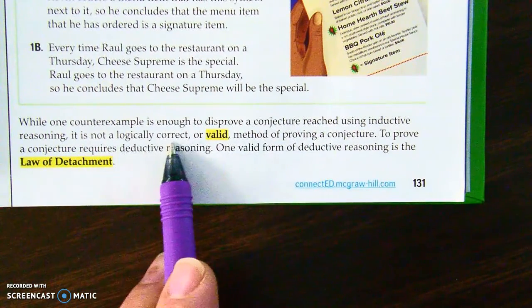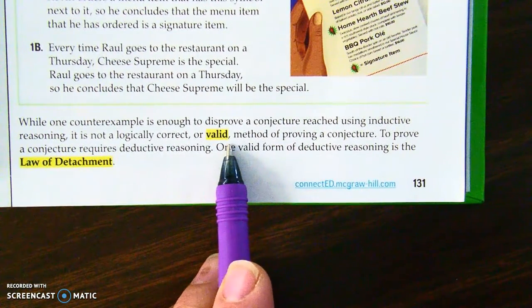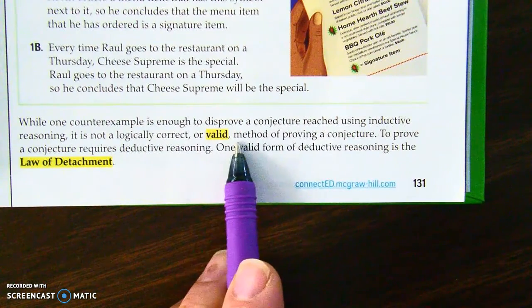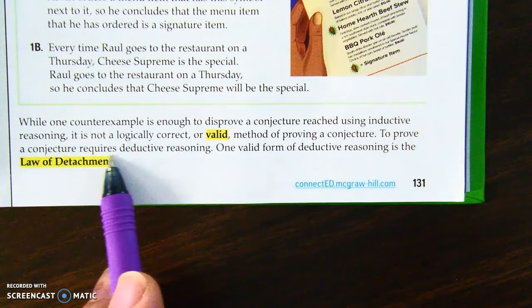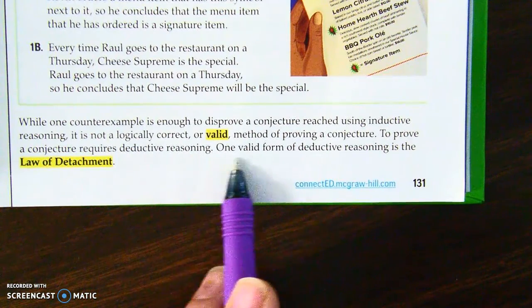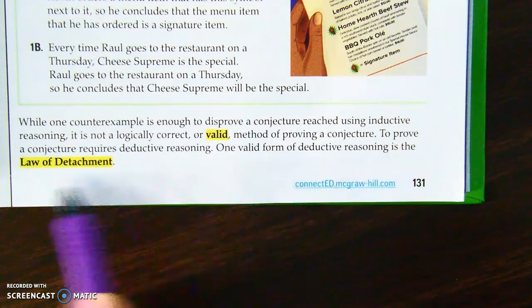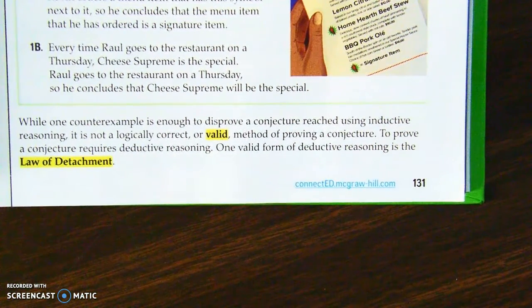It is not a logically correct or valid method of proving a conjecture. To prove a conjecture requires deductive reasoning. One of the valid forms of deductive reasoning is the law of detachment. Okay, so one of the valid forms of deductive reasoning is the law of detachment.